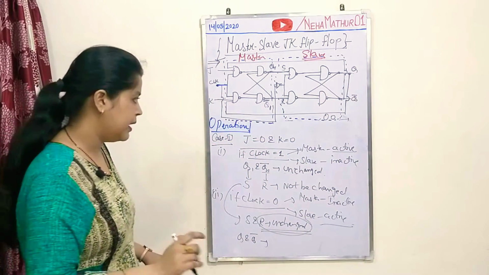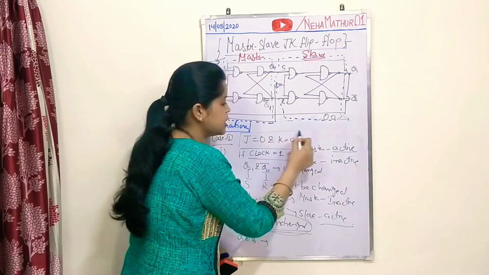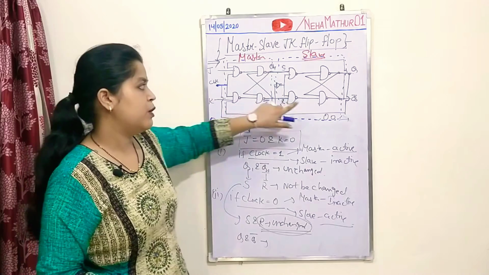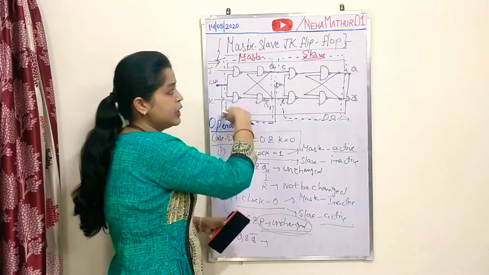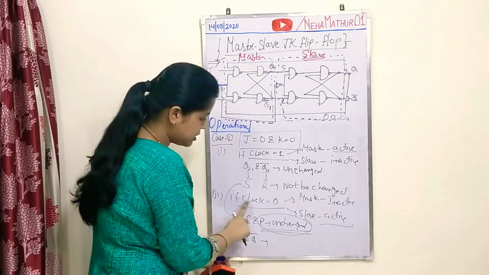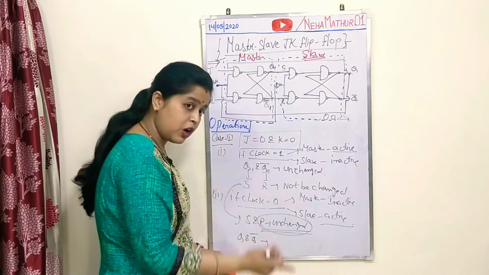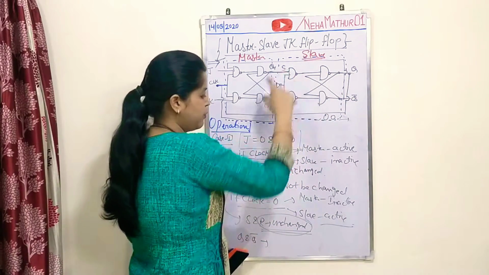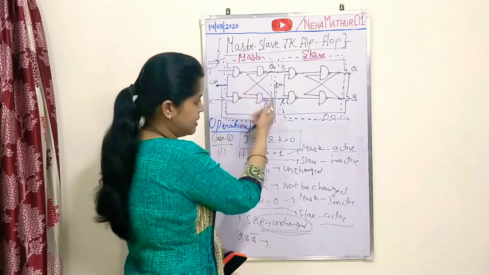So I am again repeating that for J equal to 0 and K equal to 0, initially when clock is equal to 1, the master will be active and the slave inactive, and your active circuit will provide inputs for your slave. And once your slave is ready to work when clock is equal to 0, you already have inputs from your master side.